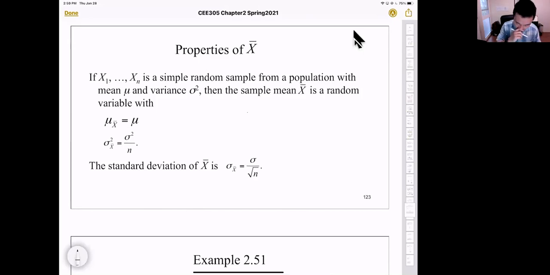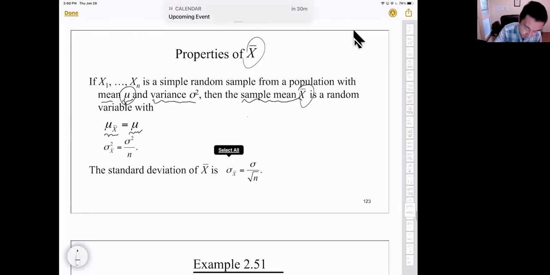If x1, x2, to xn are a simple random sample from a population with a mean value of mu and a variance of sigma squared, then the mean value of the sample mean is equal to the population mean, mu.